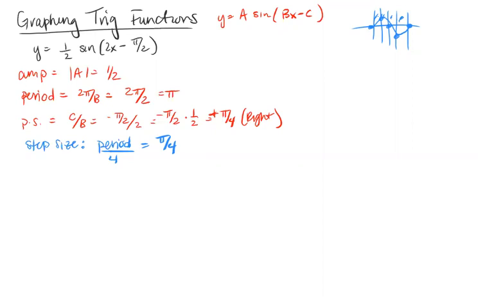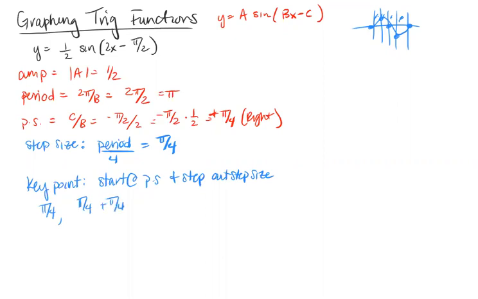That's going to be the space between each of those key points. And then what are the key points? Well, we're going to start at the phase shift and step out the step size. So we're going to start at pi over 4. The next one is going to be pi over 4 plus the step size, which is pi over 4.